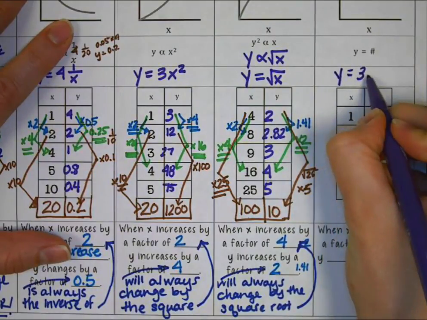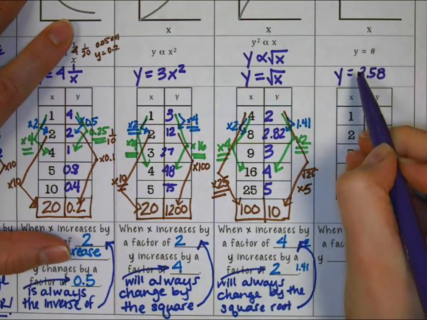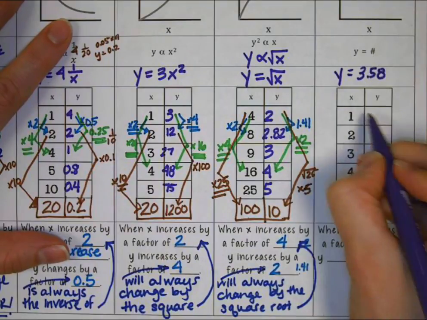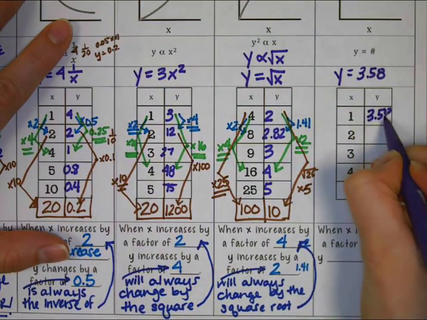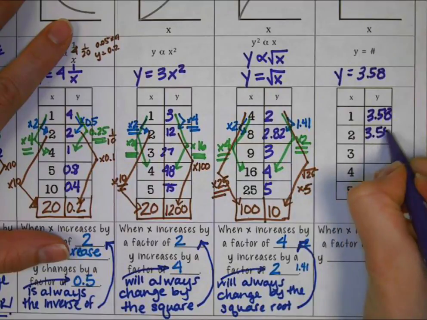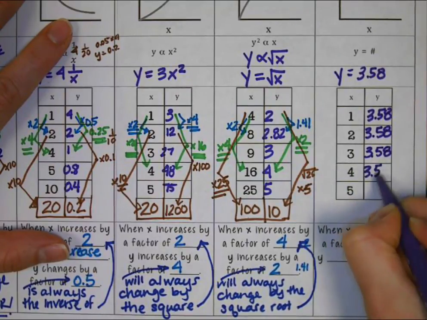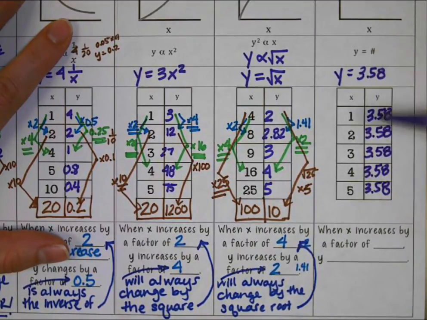Y equals 3.58. So if I plug in a value of x, which there's no x up here, y is going to equal 3.58 still. If I plug in 2, there's nowhere to plug it in, so 3.58. 3.58, 3.58. Again, y is independent of x.